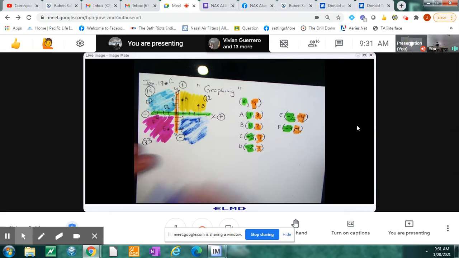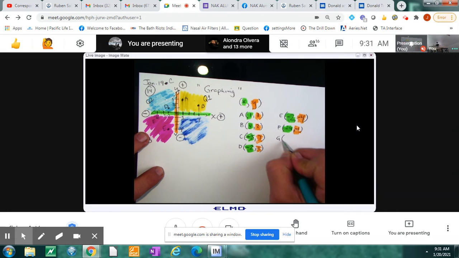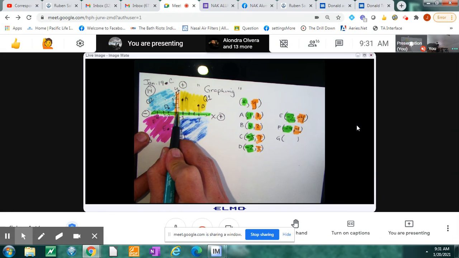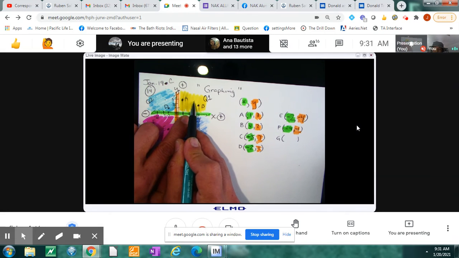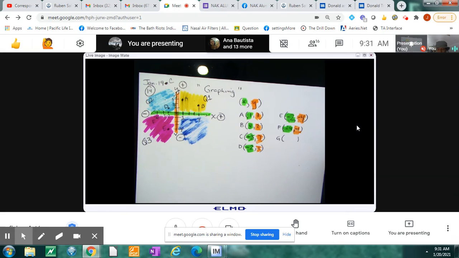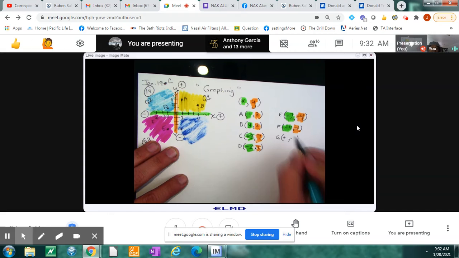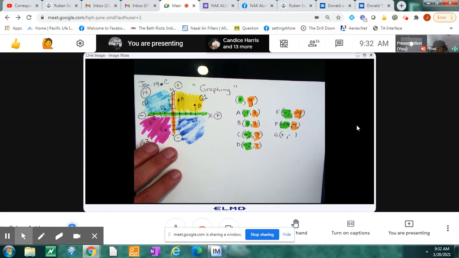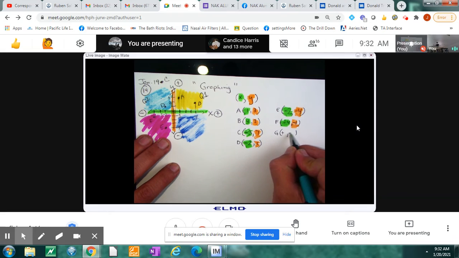Okay. So what do you think that's going to be? So we'll put G. So obviously it's going to be positive, right? And then we can't go up. That's positive. So we got to go down. So the first number has to be positive. The second number has to be negative. All right? Negative.